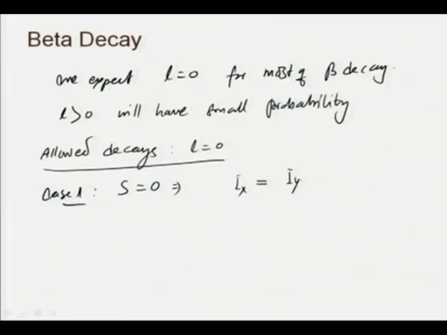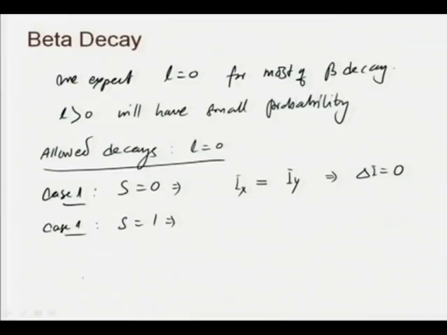So, there is nothing to add. So, that actually says that both of these nuclei will then have the same spin, or the change in the nuclear spins of the daughter and the parent nuclei, delta I, is equal to 0.